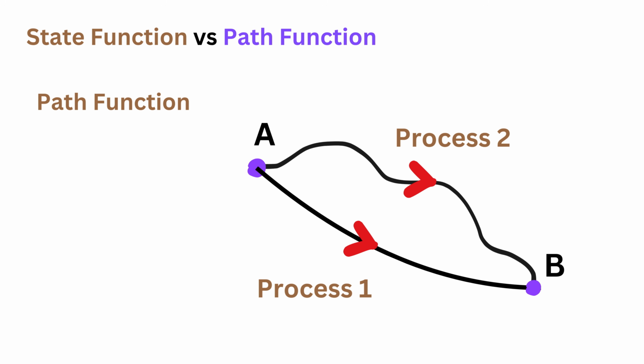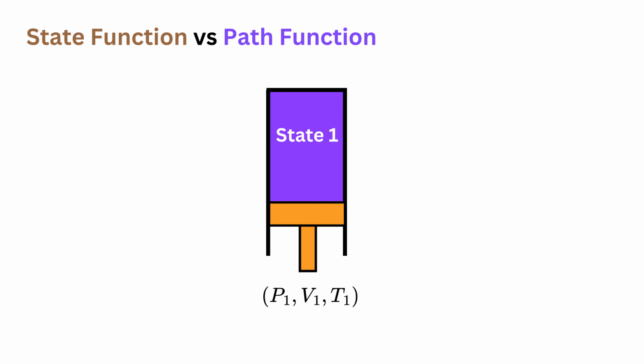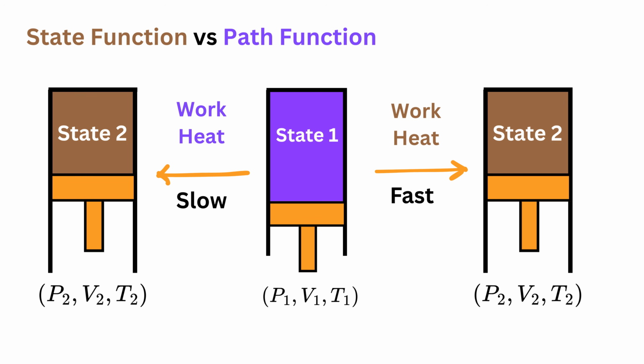Similarly, in thermodynamics, quantities like heat and work are path functions because they depend on how the process happens, not just on the initial and final states. For example, if you compress a gas slowly or quickly, the amount of work done and heat transferred will differ, even if the starting and ending pressures and volumes are the same.